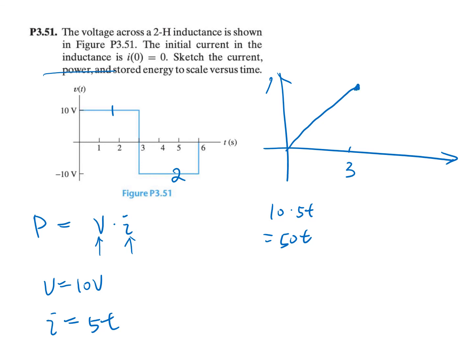For the second stage, we have the expression as negative 5t plus 30 times negative 10. And simplify this, you get 50t minus 300. And this is 150.